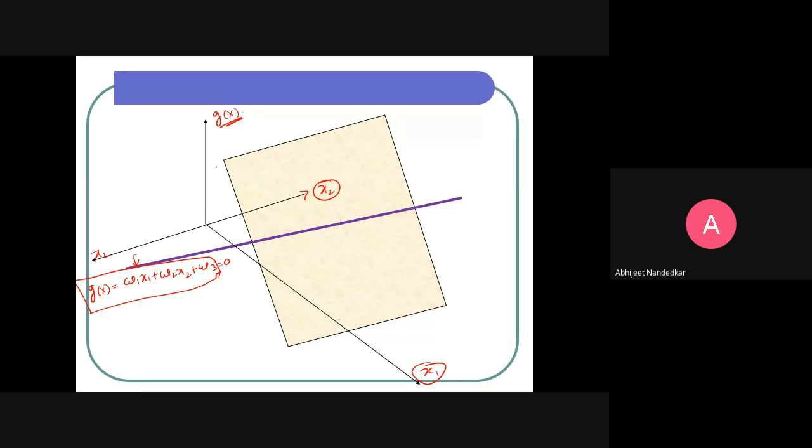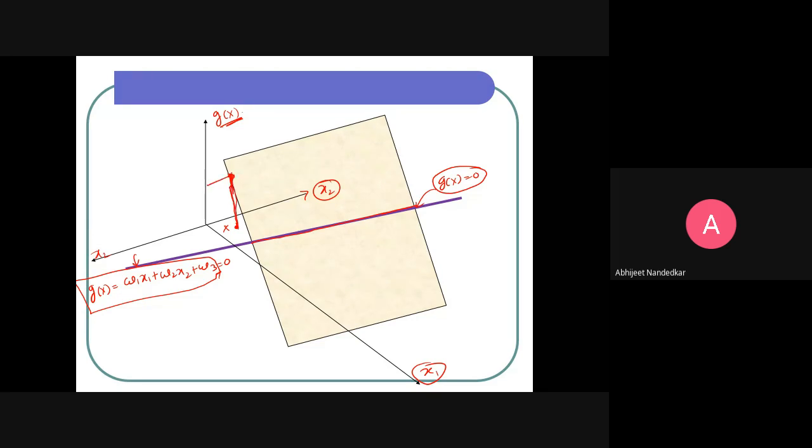If you can see from this side, what is the value of g of x on this particular line when you travel on it? Here your value of g of x is equal to 0. Now if you take any sample other than that, suppose I take this sample, then you will obtain some value here.